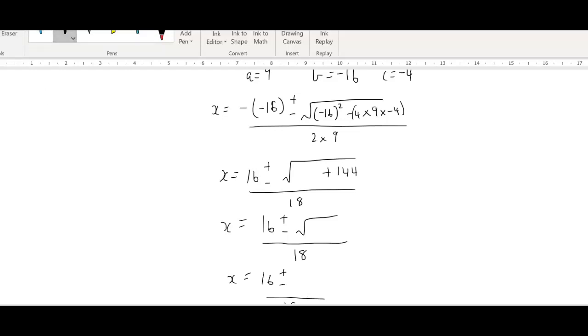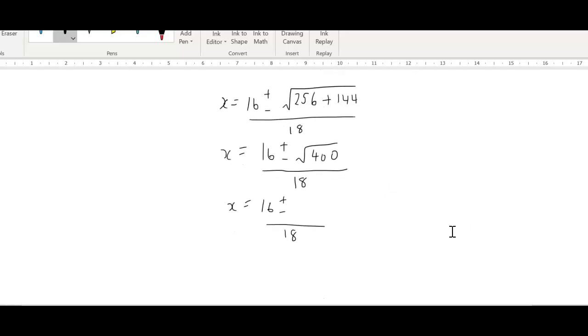So that's 256. 14 squared is 196, and 13 squared is 169. Anyway, fix that problem. 256 plus 144 gives us a square root of 400, which is nice because that's 20.